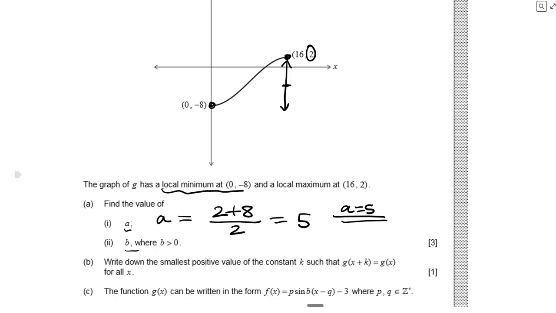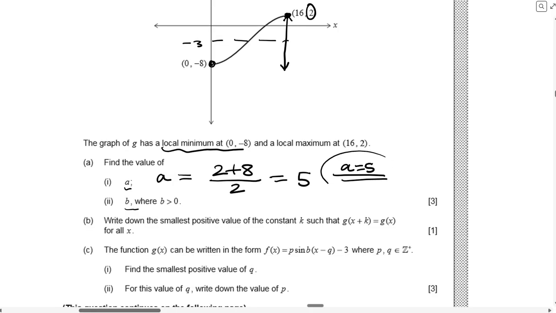That means we have our midpoint somewhere here, and that is about 5 from -8, so -3. That's -8, this is -3, and this is 2.